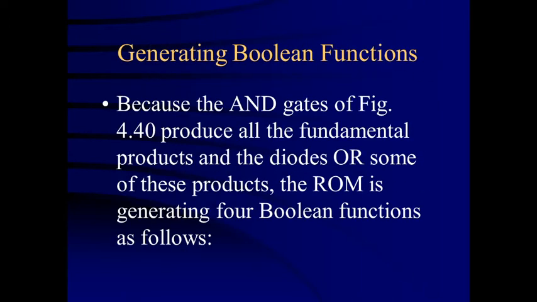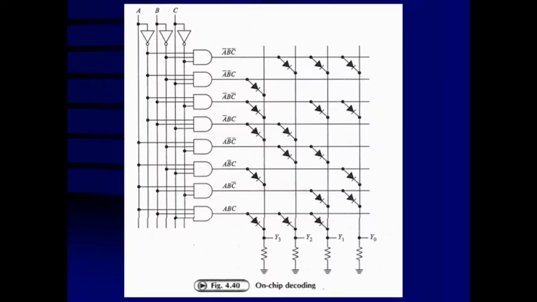Now, generating Boolean functions: the AND gates of figure 4.40 produce all the fundamental products, and the diodes OR some of these products. The ROM is generating four Boolean functions as follows. See this figure.